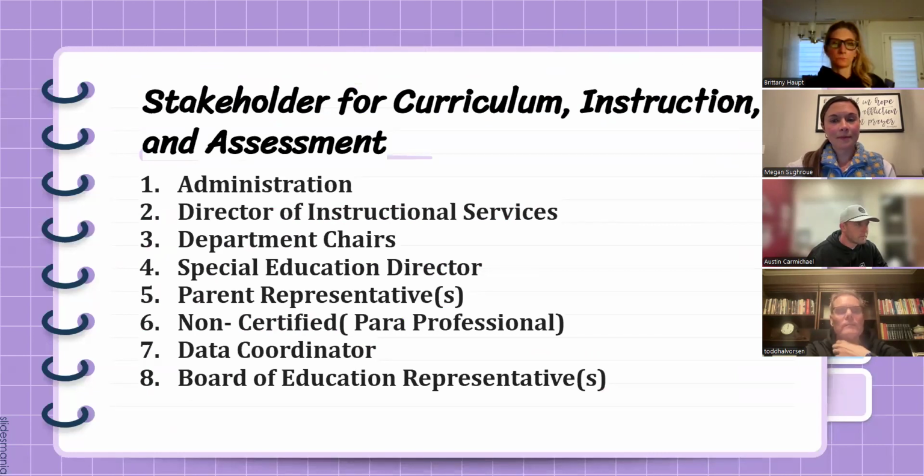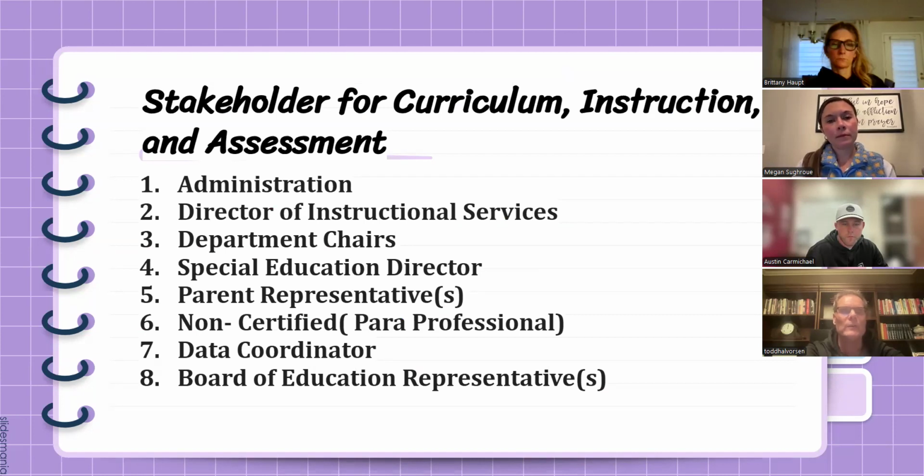We started putting together a stakeholder group, just using the curriculum, instruction, and assessment piece. Obviously, you'd have representative administration on there, a director of instructional services, or whatever title that might be. Could be curriculum director, however that's titled in different districts. At the high school level, department chairs.